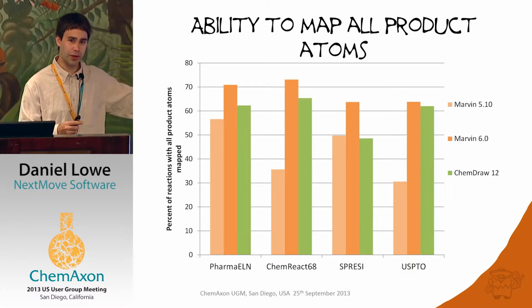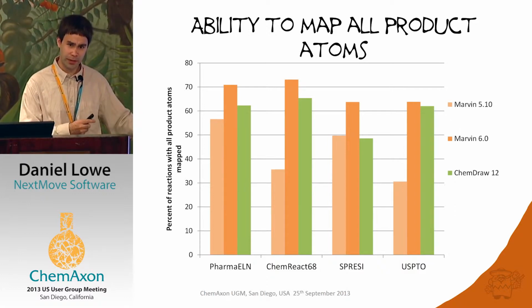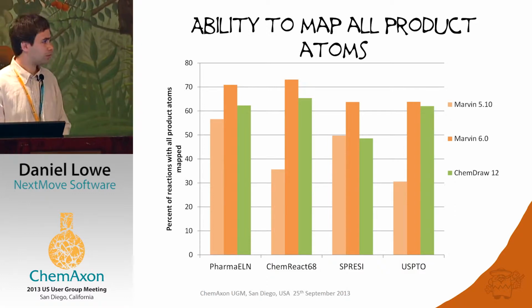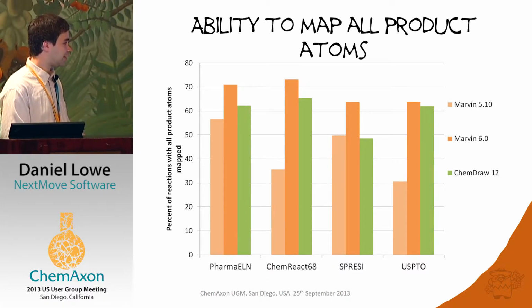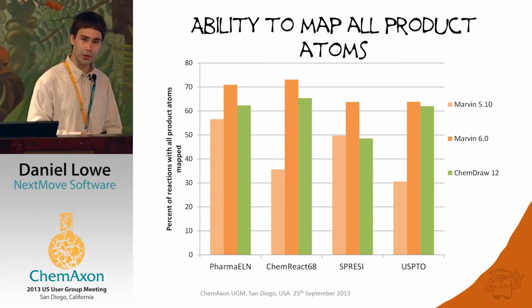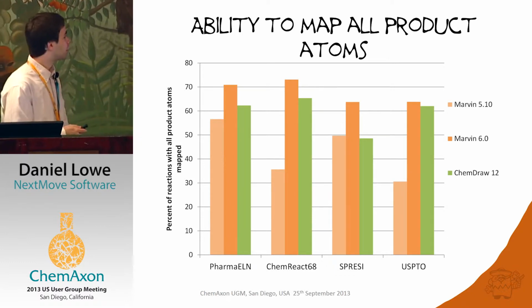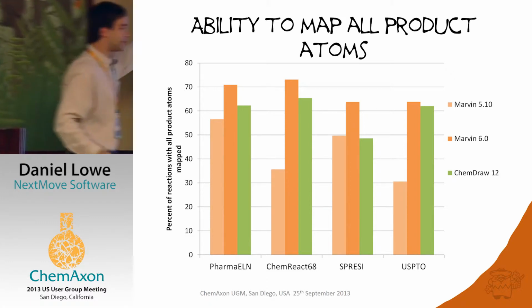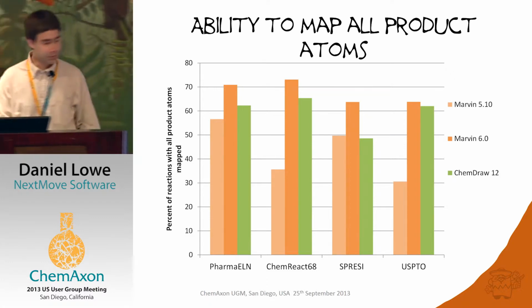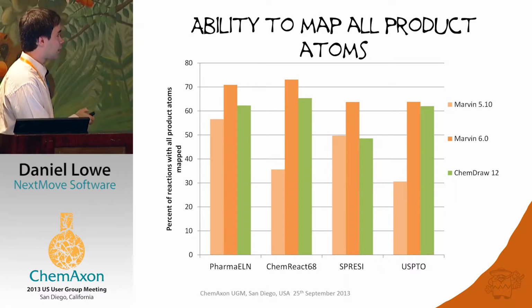This set I did not do that on because that would be biased towards whichever atom mapping algorithm you use to do that. But yes, it is a good point. And I have an explanation for the pharma ELN set, and I have not fully evaluated why that is the case in the other sets. But you're right. It is a question. Where is the other 30%? And I'll come back to that.